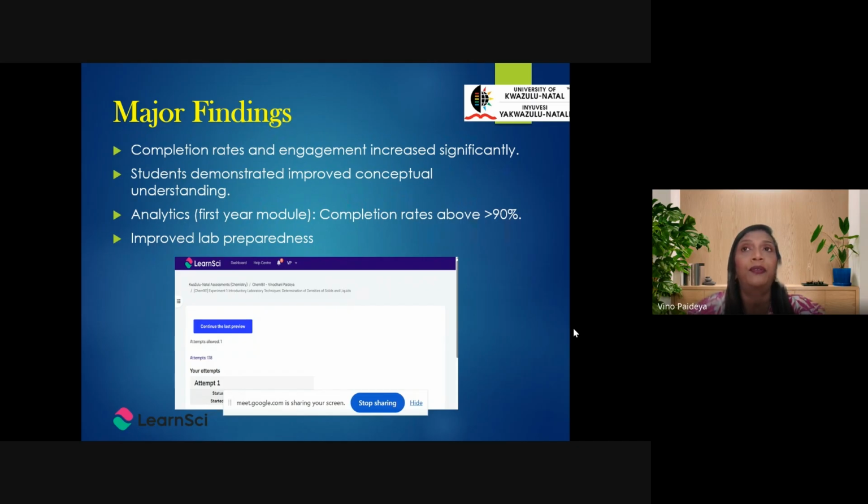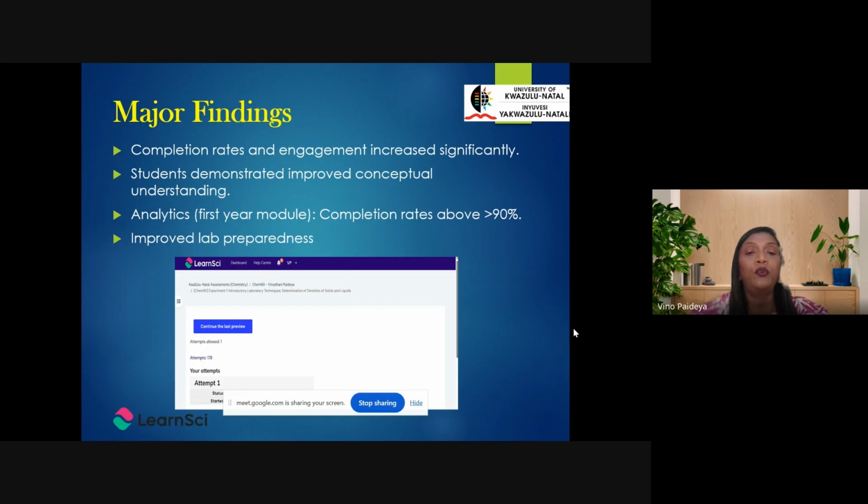So if we went to them in the lab and asked them about what they were doing and how they're engaging in the different exercises, they were able to articulate better than before. Not 100% better, but significantly better than before. Then the analytics for the first year modules showed completion rates above 90%, which was significantly better than previous years without the simulations and the smart worksheets.